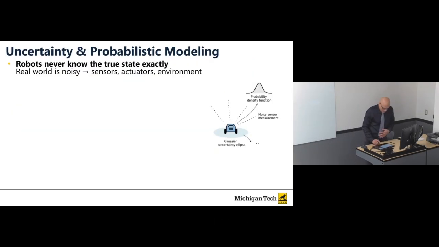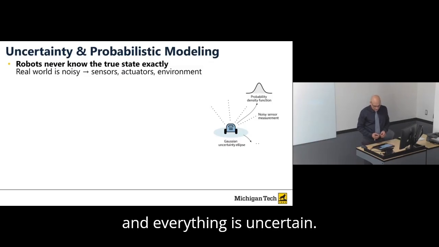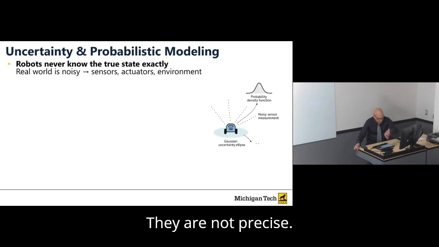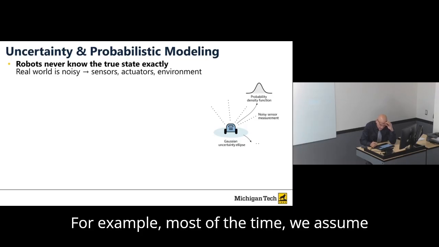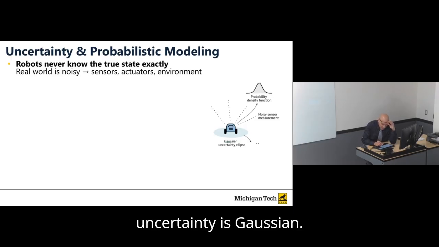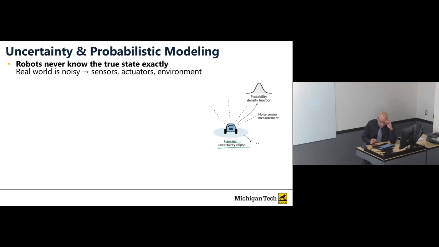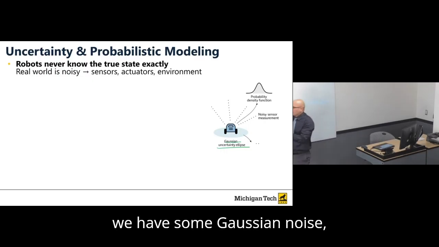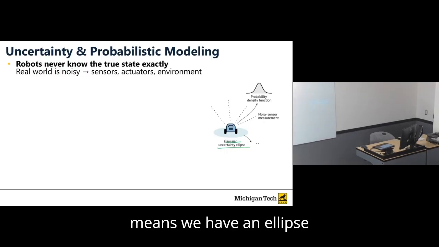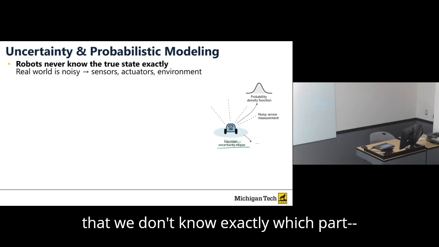Okay, everything is uncertain. They are not precise, so sometimes we need to make some assumptions. For example, most of the time we assume uncertainty is Gaussian. When we say the robot is here, but we have some Gaussian noise, it means we have an ellipse around the robot.